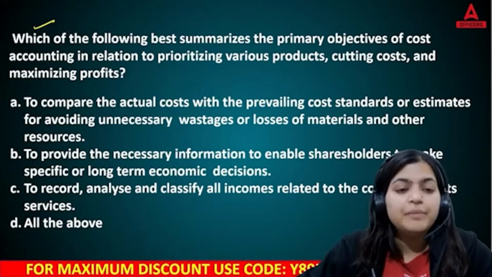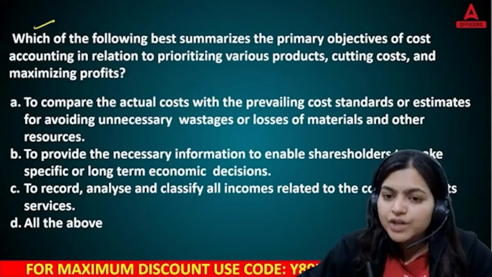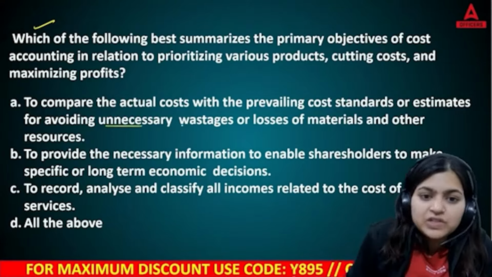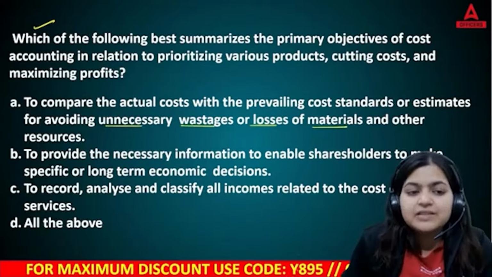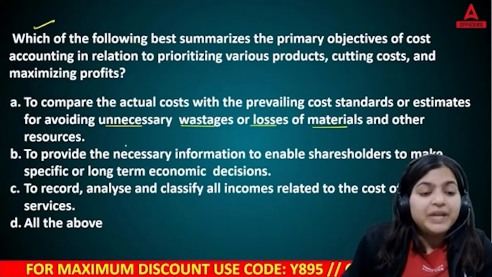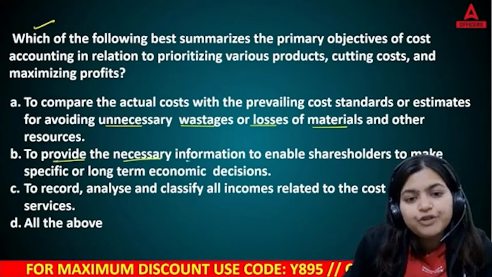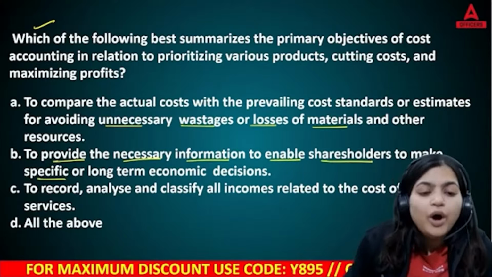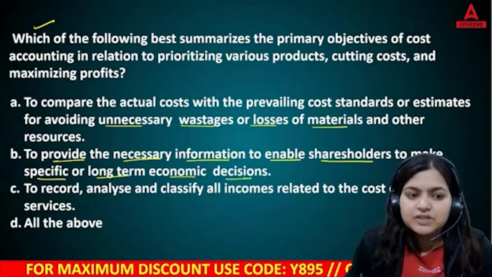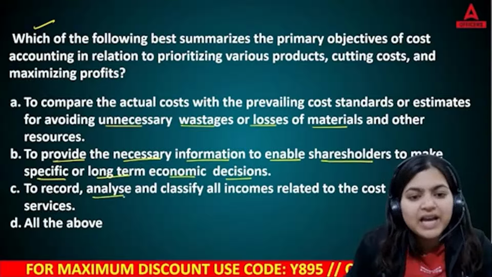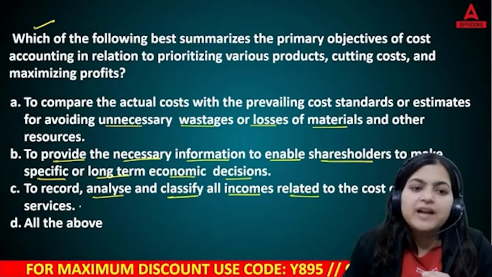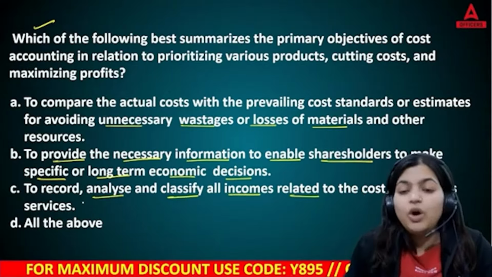A. To compare actual cost with the prevailing cost standards or estimates for avoiding unnecessary wastages or losses of materials and other resources. B. To provide the necessary information to enable shareholders to make specific or long-term economic decisions. C. To record, analyze, and classify all incomes related to the cost of products and services. Or D. All the above.